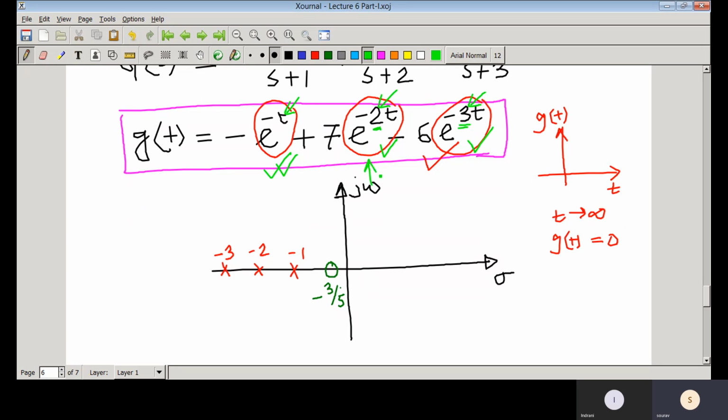So the first term will die out later compared to the second and third terms.